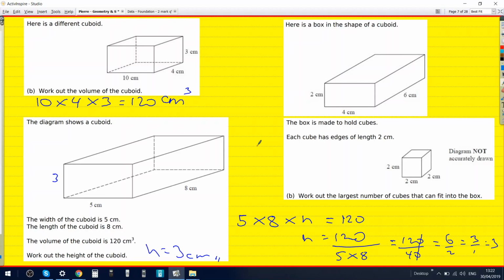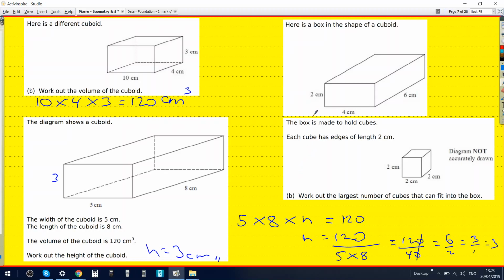Work out the largest number of cubes that fit into the box. So if we work out the area, or the volume. So it's 2 times 2 times 2 is 8. 8 times 6 is 48.